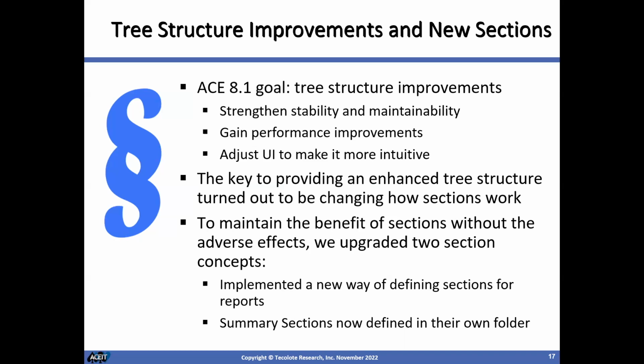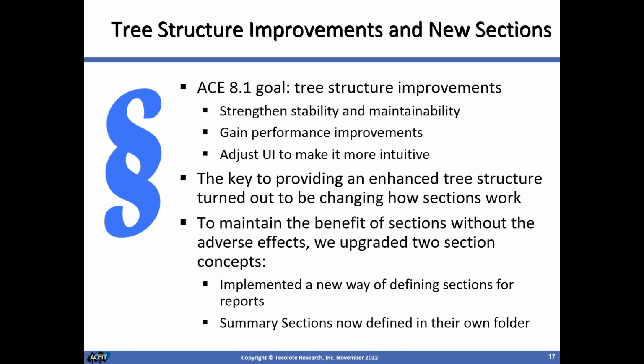When we went into 8.0, we rebuilt the tree structure interface in order to get to an improved interface that allowed us to do things like drag and drop rows, things that we could not do in 7.5 or previous versions of the software. So we had a good improvement on that in 8.0.